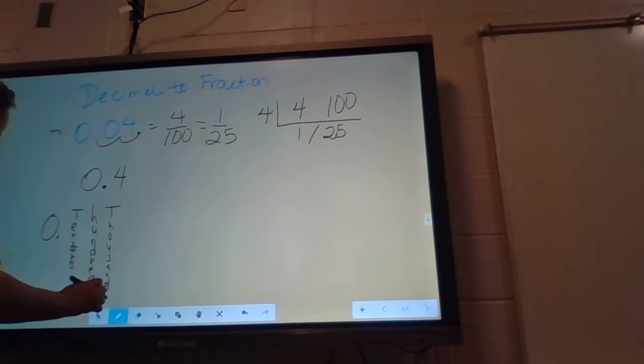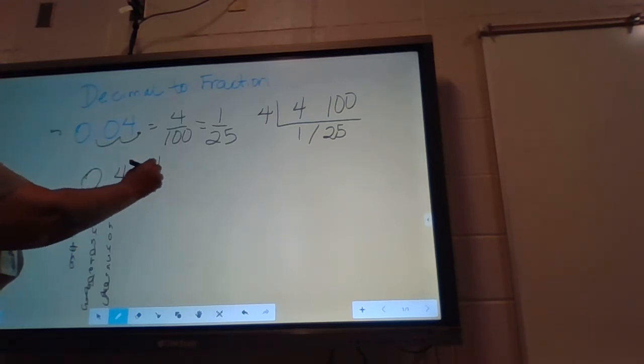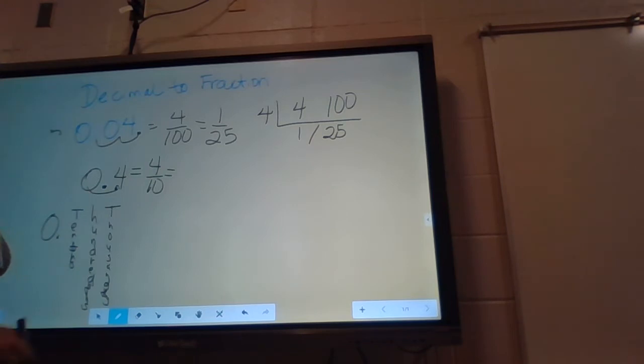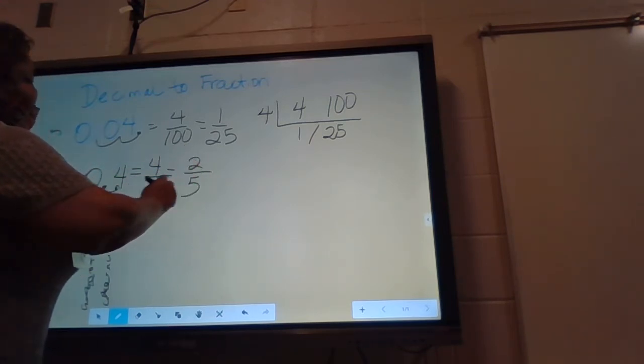You don't have to write this down. I'm just using it for illustration. So this spot here is my tenth spot. So I would do my 4 over 10, and then I simplify. 2 goes in the 4 2 times, 2 goes in the 10 5 times.